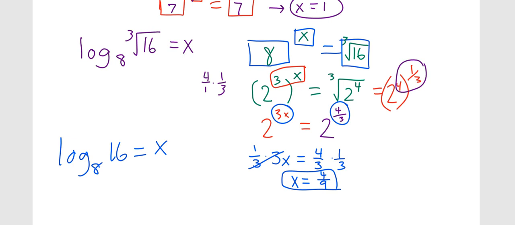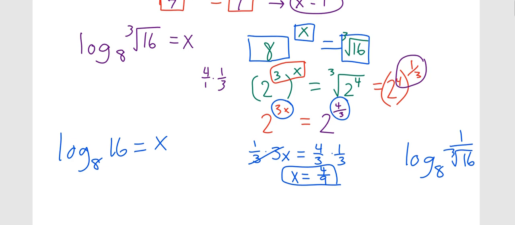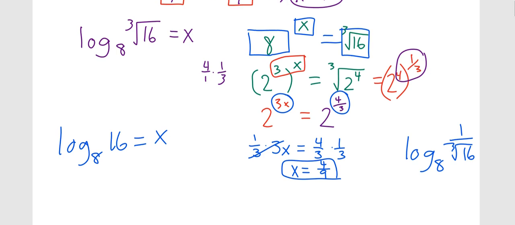How would that have changed this if I had thrown 1 over the cube root of 16? Come on, what's the only difference if I had done that? Yeah, it would have made it negative 4/9. That's it. It would have thrown one extra piece in, which you need to be aware of.